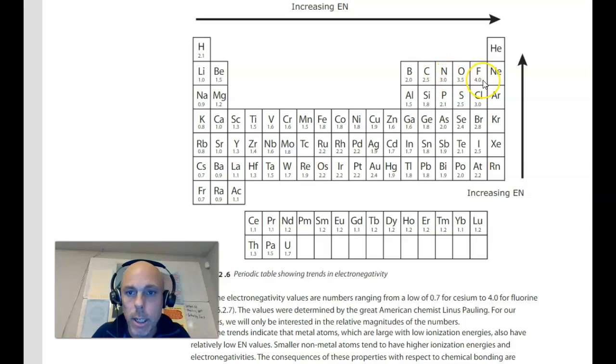They are increasing due to no change in energy levels, but due to an increased effective nuclear charge, a greater force of attraction, and therefore a greater ionization energy. And then notice once again that the noble gases do not have electronegativity values, because although they are attracted to their own valence electrons, they won't share electrons with another atom, which is what electronegativity is really about.